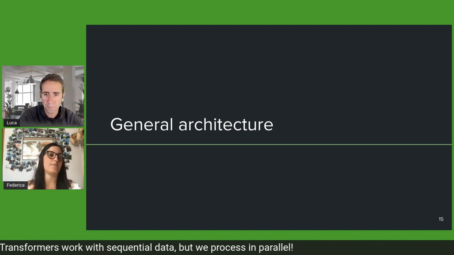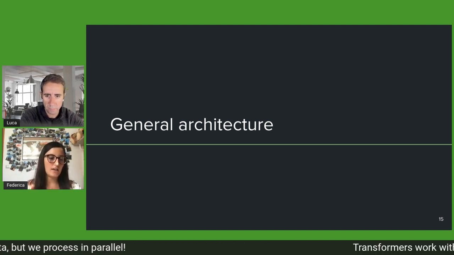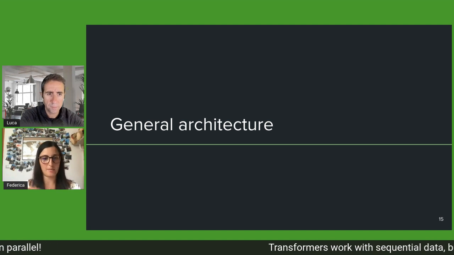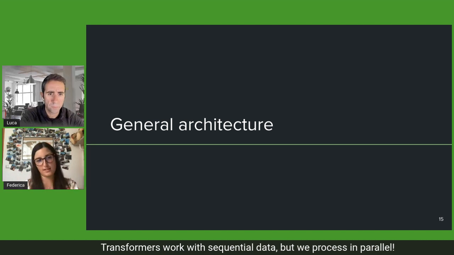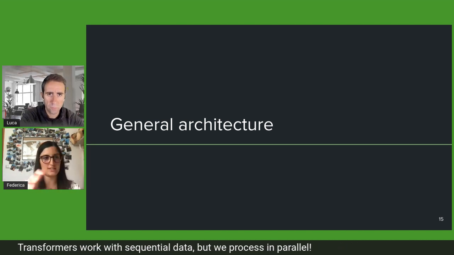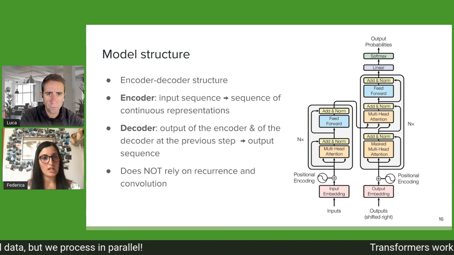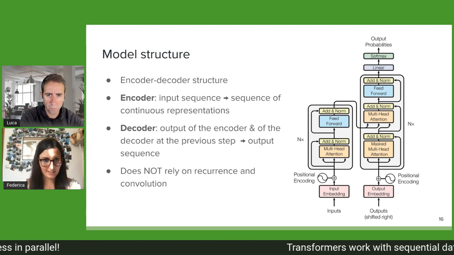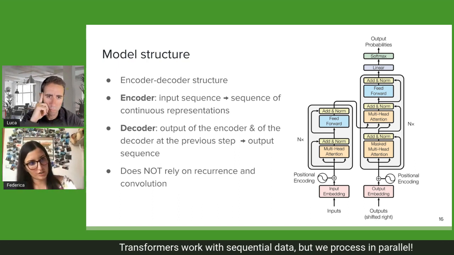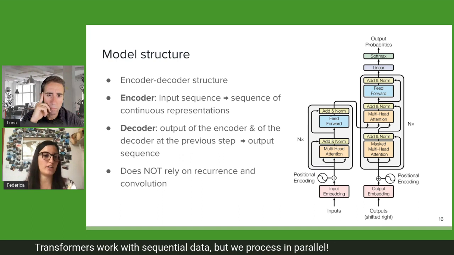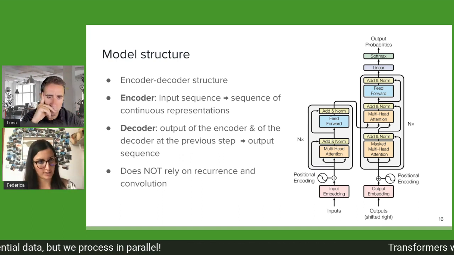And then, as I said before, transformers are evolving and various architectures are being proposed, but all follow this baseline architecture that was proposed at first. So this is the architecture, as you can see. It is an encoder-decoder structure, so we have two parts. The encoder is the one on the left, and the decoder is the one on the right.